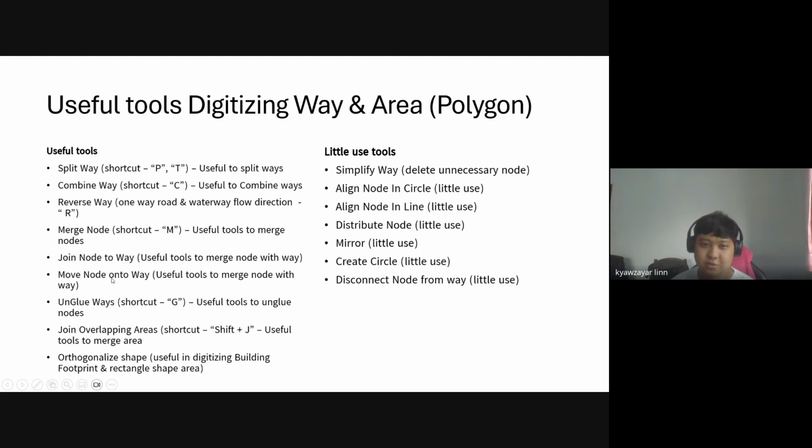These three are the same, with a little bit of difference: sometimes the node is joining to the way, or the node is moving into the way. When I check those two, they're very similar. But the best thing about merging is that it merges two different nodes into one node. So this is the one I'm using. I don't usually use those two.